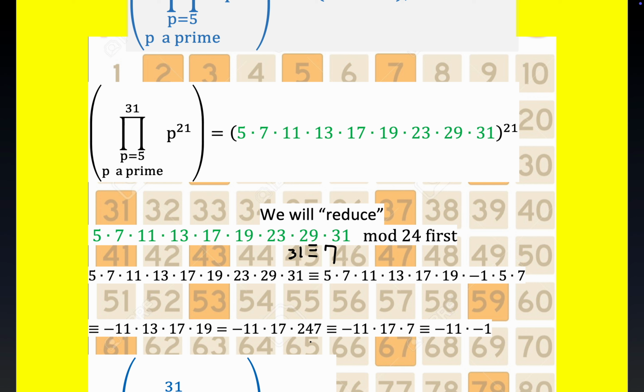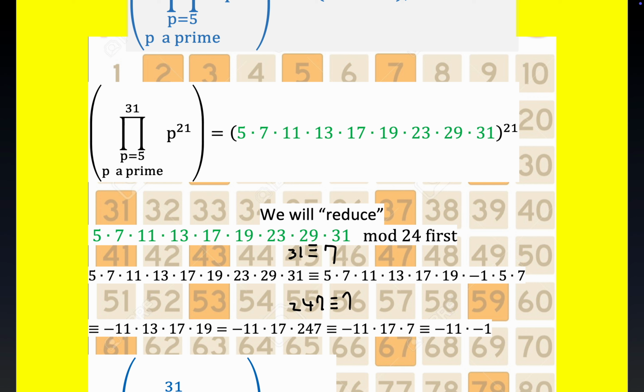Notice that right here, we get 247 when we multiply 13 times 19, and you see how I left the 17 here. 13 times 19 is 247, and notice that 247, by inspection almost, is congruent to 7.